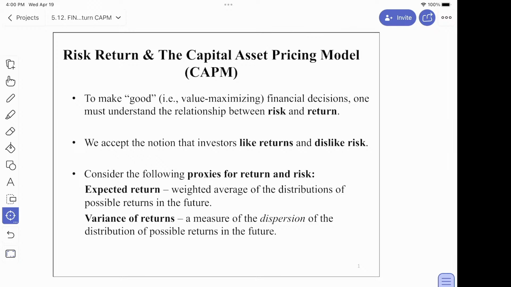An arithmetic average return. Now, in the review of statistics, I introduced data that are historical and data that are ex ante or predictive with a distribution. And that's what I'm going to look at right now, where we say in general, the expected return is the weighted average of the distributions of possible returns in the future.